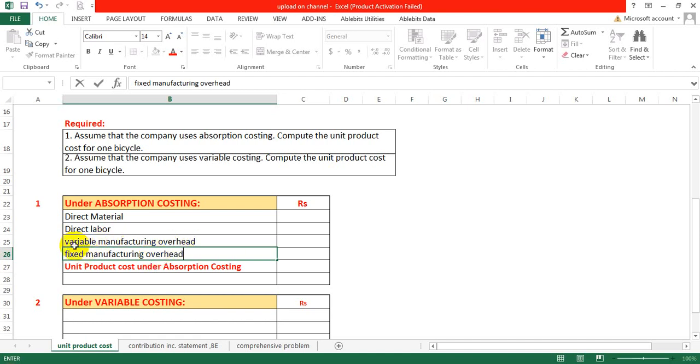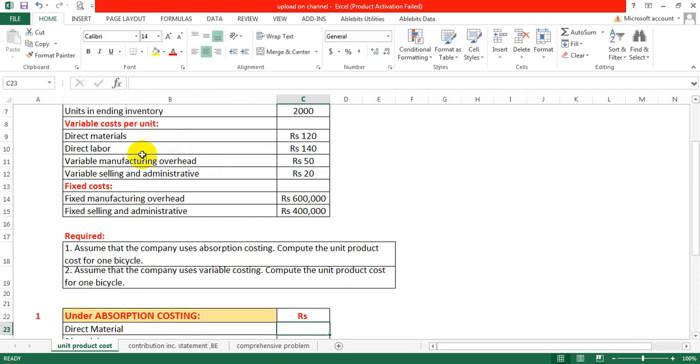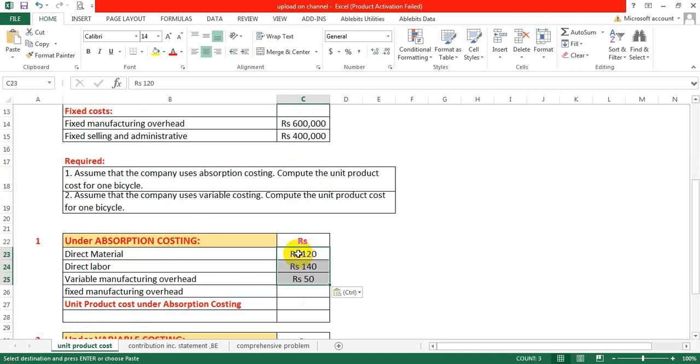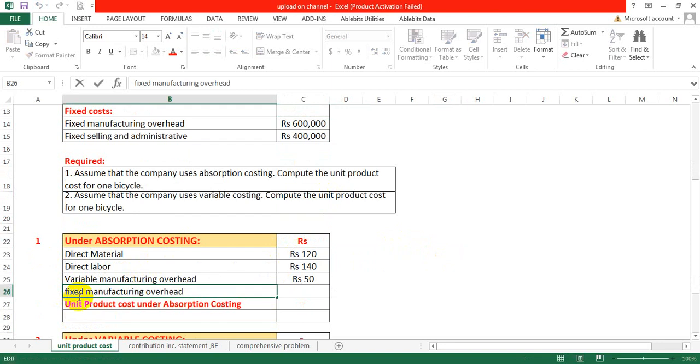Okay, so we will calculate these. The direct material in the question is 120, labor 140, variable manufacturing overhead 50. So take these three values from the question, and now we have fixed manufacturing overhead.